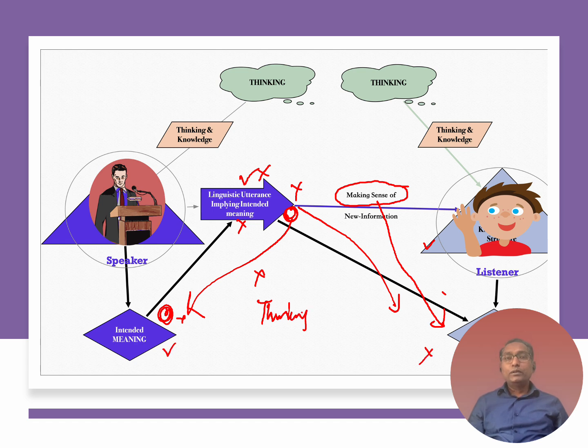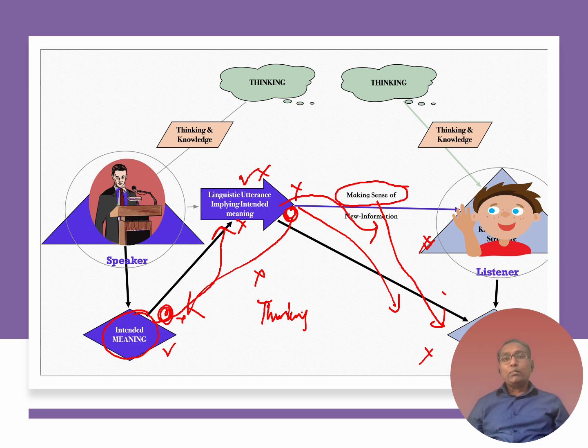A speaker uses thinking to generate this new information and uses thinking to create a linguistic utterance. The listener uses thinking to make sense of this linguistic utterance based on the background knowledge of the listener and tries to guess what the speaker might be implying.